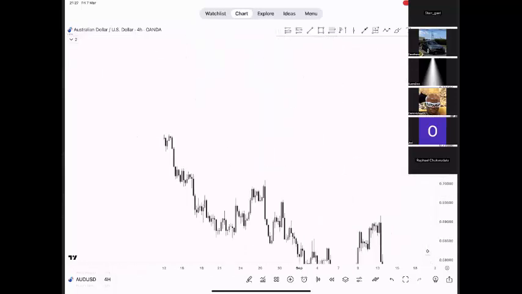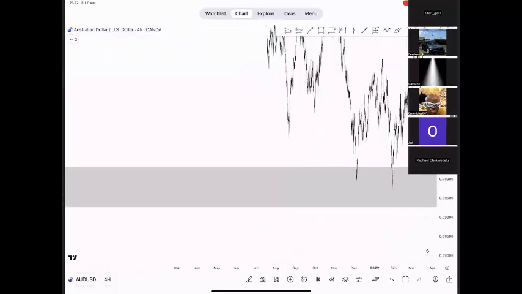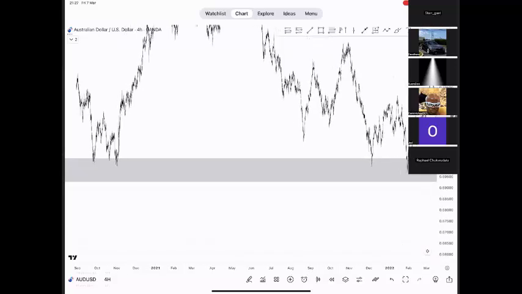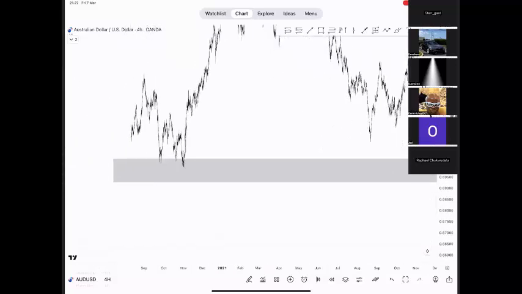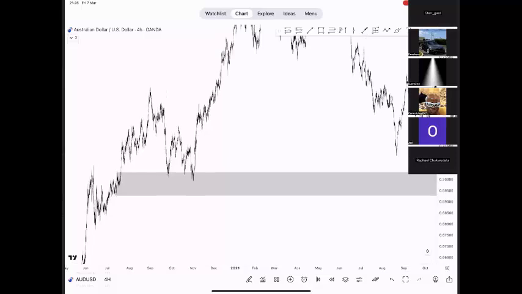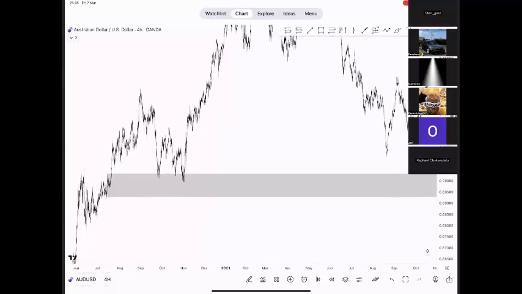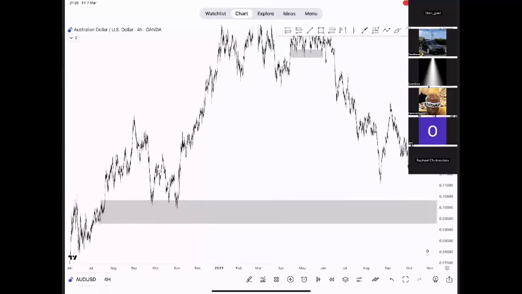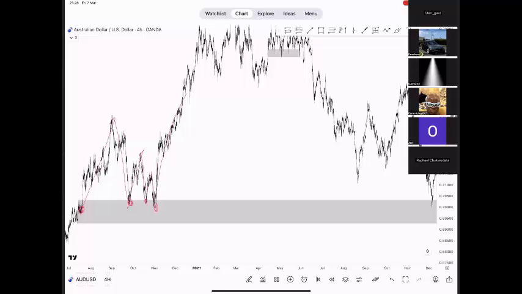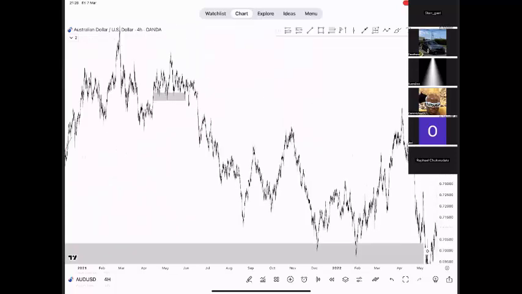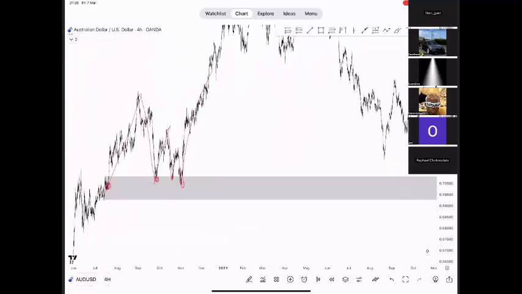I think I do. This is an area of support. You can see that for every time price comes back into this level, it buys. We had the first buy here, the second buy here, the third buy here, the fourth buy here, and then price was buying until it eventually came back to this level in the future, right?